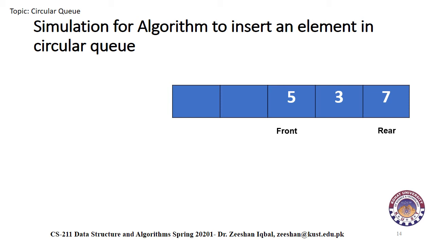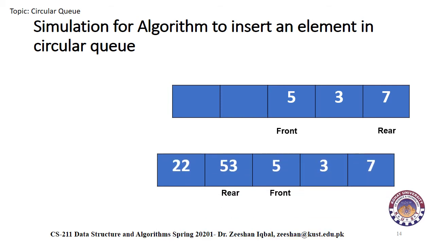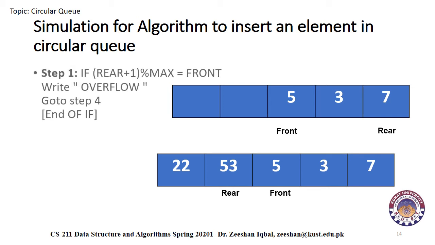Adding another value, 53, will add it at index 1. So after 2 insertions, the queue will be as follows. Here we can see that the queue is full now. To denote that condition, we can write it as (rear + 1) % max is equal to front.